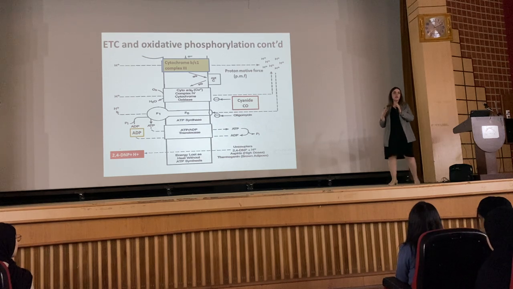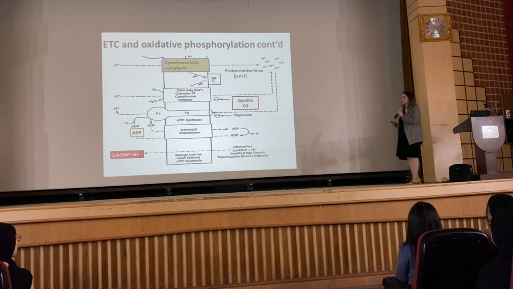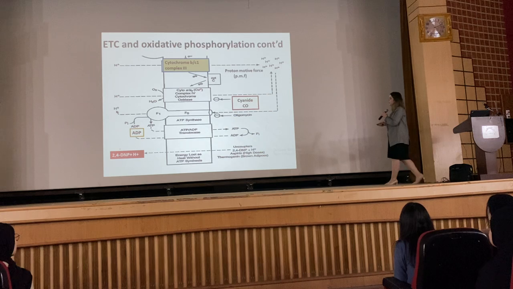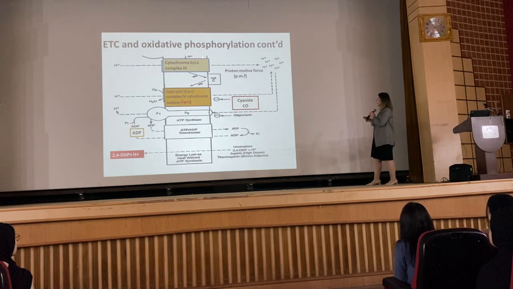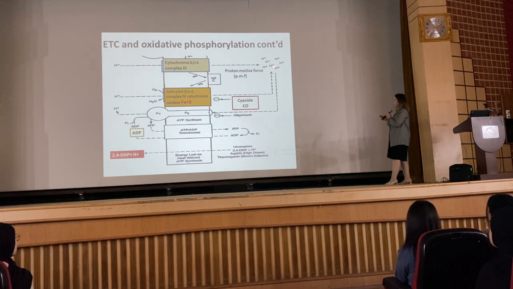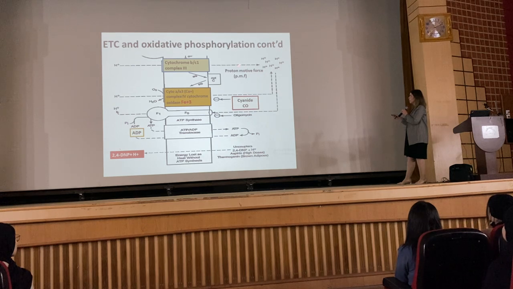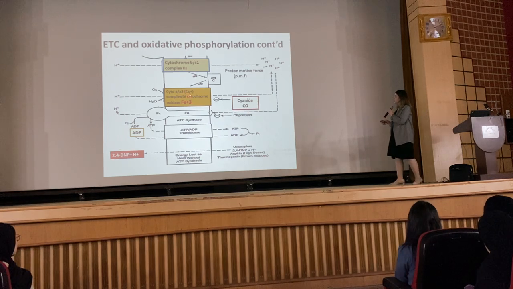In complex 4, I will tell you what's important and what's not important. So in complex 3, the electron flows from complex 3 to cytochrome C and then goes to complex 4. Still, protons are going out. When you give electrons, protons still go out to the cytoplasmic side and make what's called a proton gradient, sometimes called proton motive force.